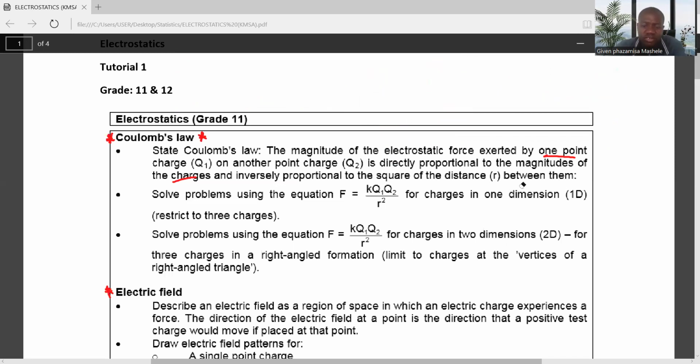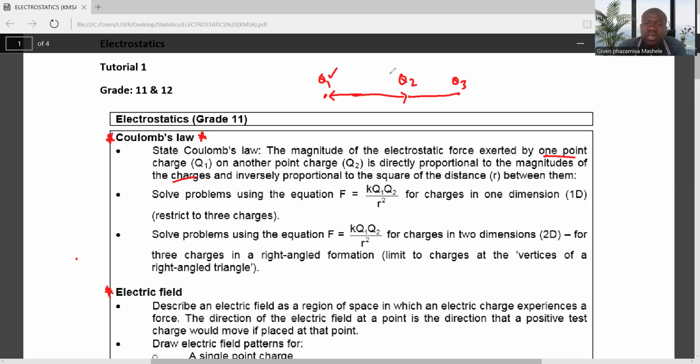In one dimension, we are referring to charges that are in a straight line. For example, in some instances you have charge 1 here and we have charge 2. So this is one-dimensional. Maybe they're at a certain distance apart. We can also add another charge here.